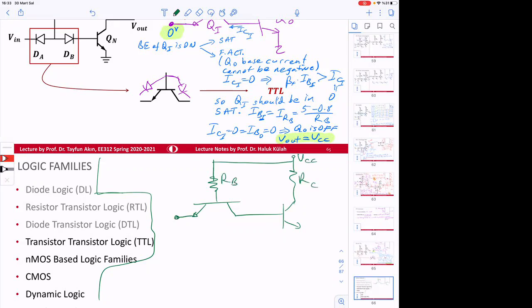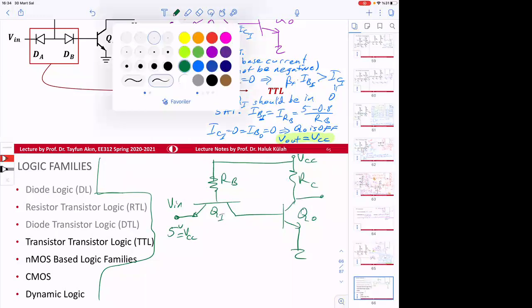Okay, now we will apply the other extreme here, 5 volt or VCC. So we expect the output to be low. So this transistor needs to be in saturation.